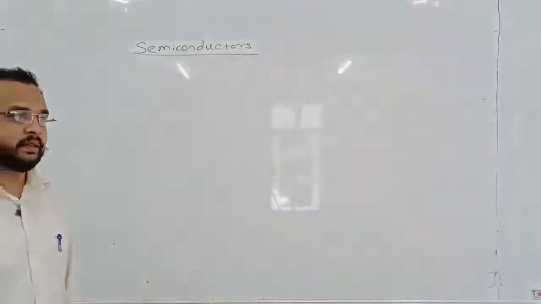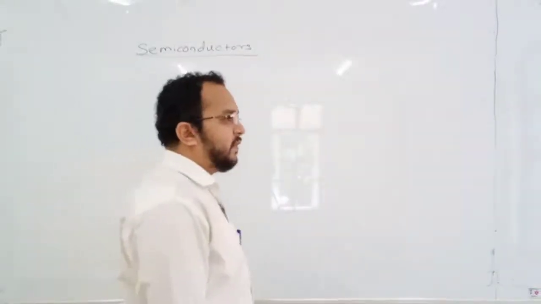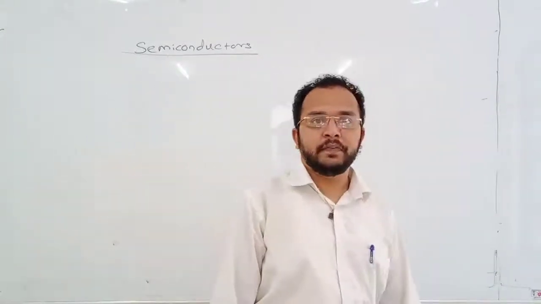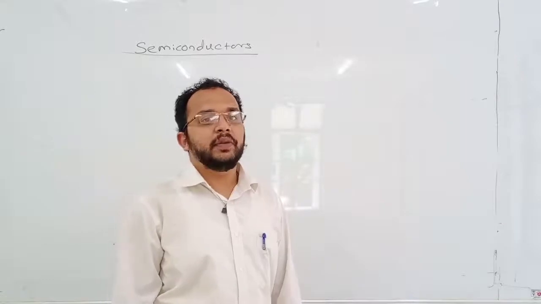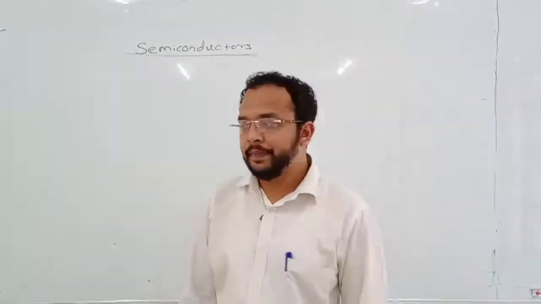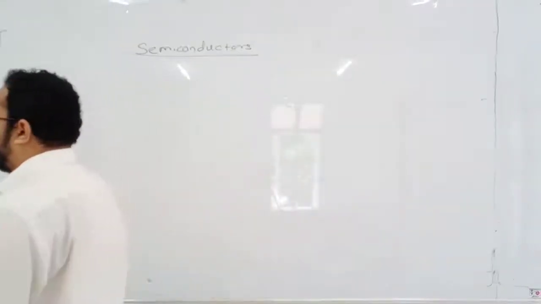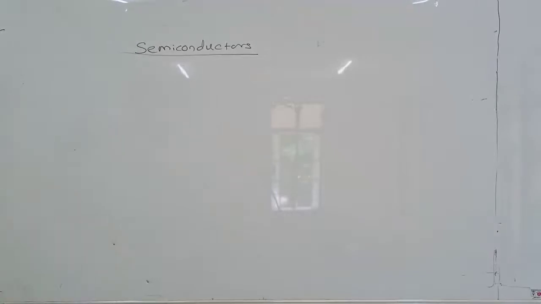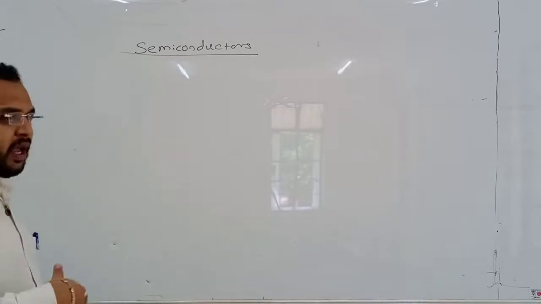Valency 4 materials, like carbon when it is in graphite form, is also a semiconductor. But due to some reasons, carbon is reactive towards oxygen and forms carbon monoxide and carbon dioxide.